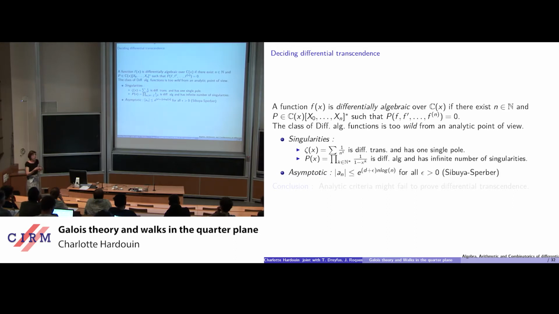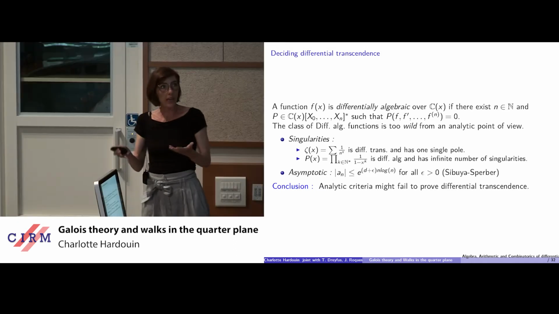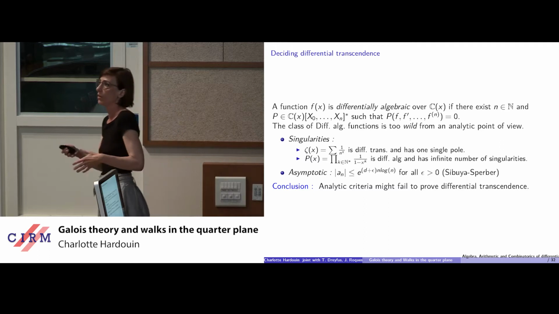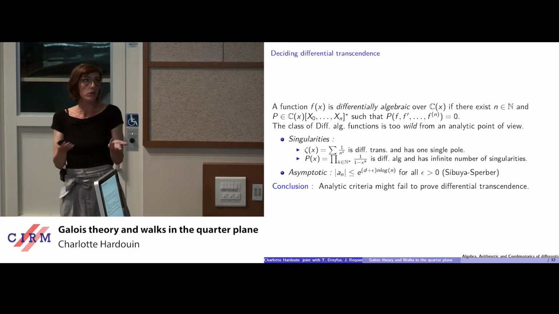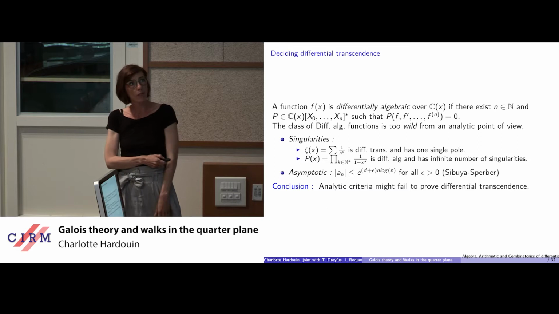On the other side, you have bounds on the asymptotic of the coefficients, but it's a very large bound and it's difficult to use. So I would like to find some kind of methods to tackle this situation without really using analysis.